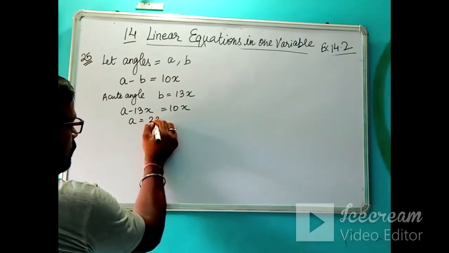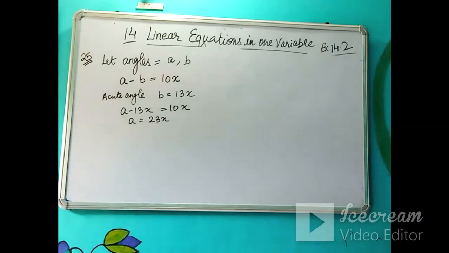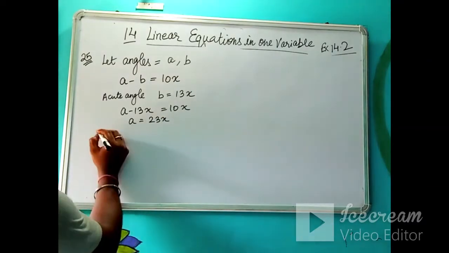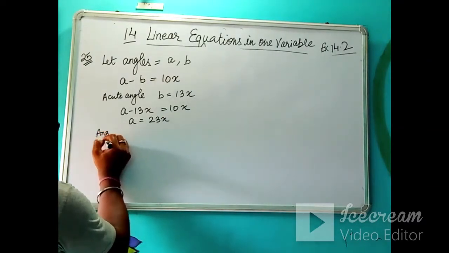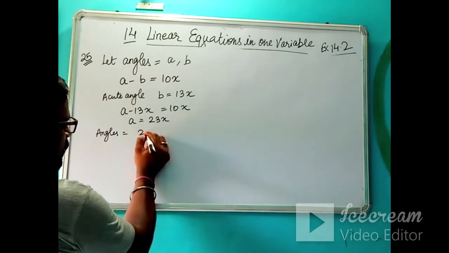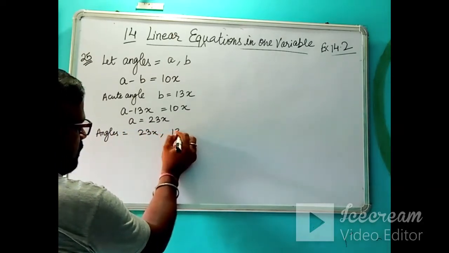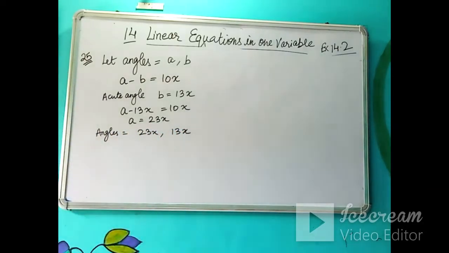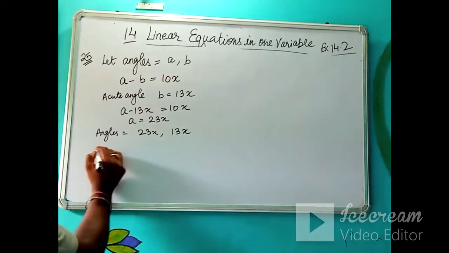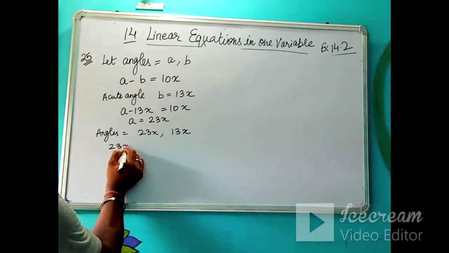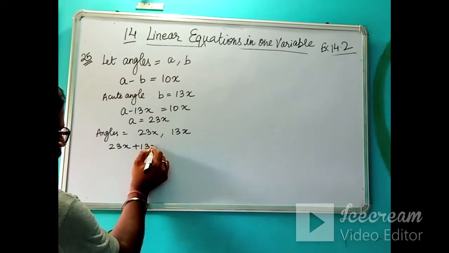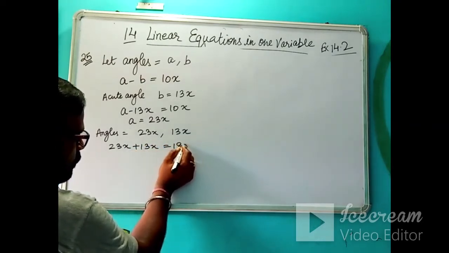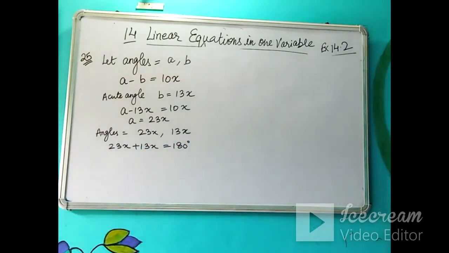A equal to 23x. So what are my angles? 23x and 13x. These are my two angles. Now what we know? 23x plus 13x equal to 180 degree.